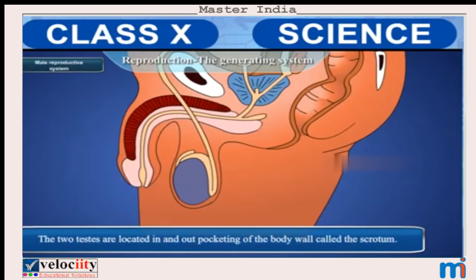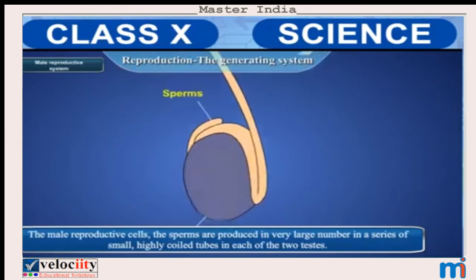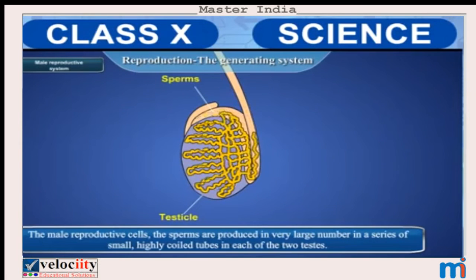The two testes are located in an outpocketing of the body wall called the scrotum. The male reproductive cells, the sperms, are produced in very large numbers in a series of small, highly coiled tubes in each of the two testes.